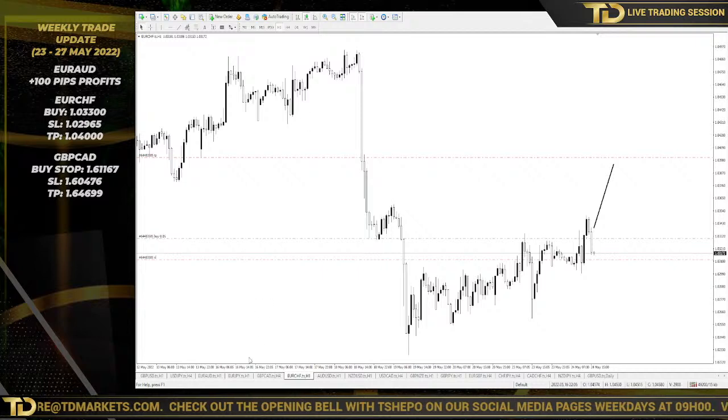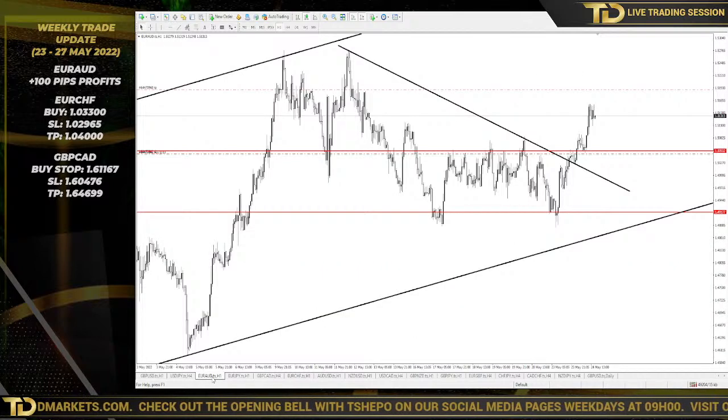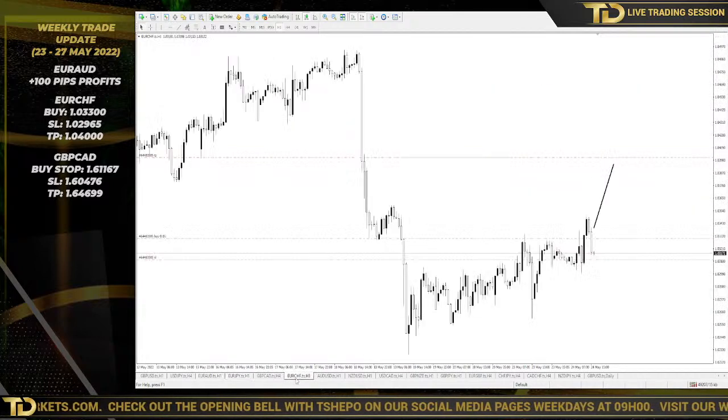So EURUSD is still running in a profit, and we're still gonna hold it. And the other trade ideas we spoke about, basically, the market has been slow today, right? Things are just not moving.